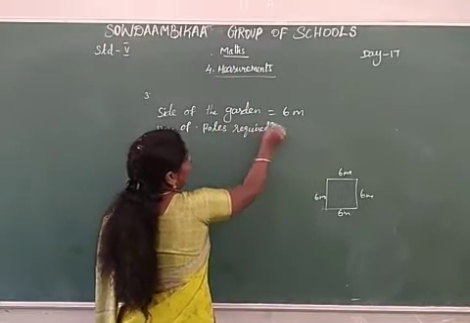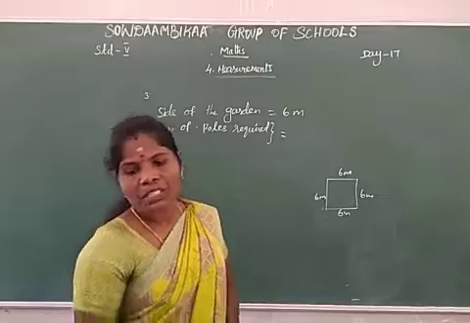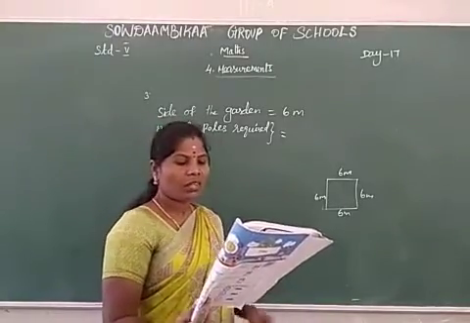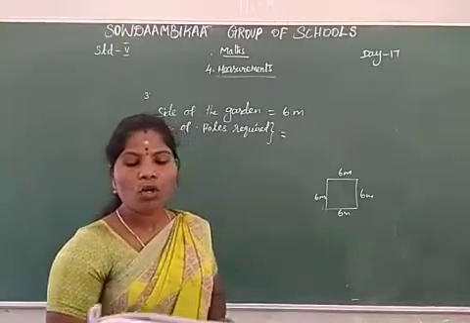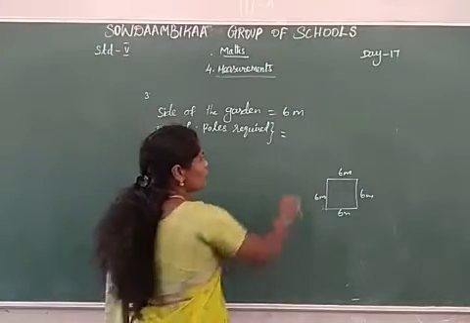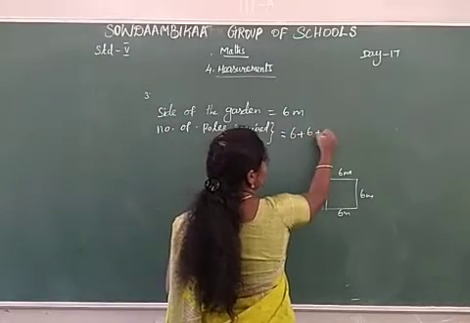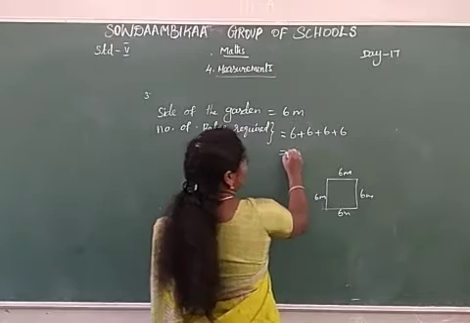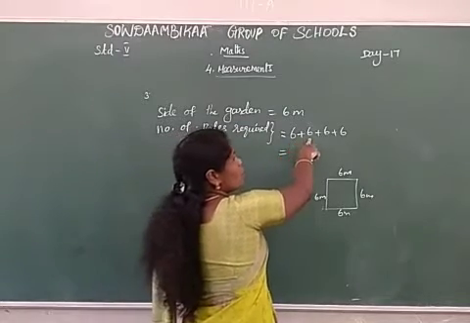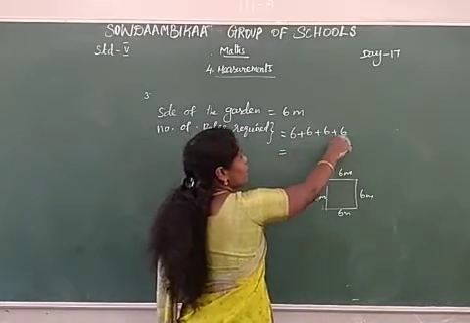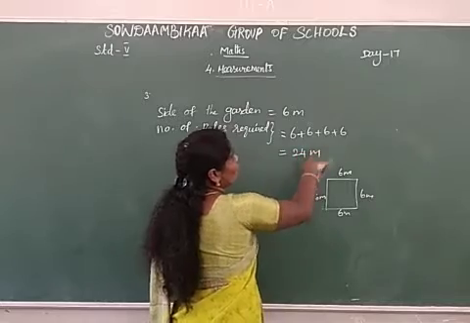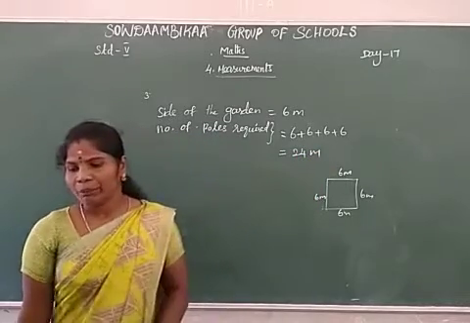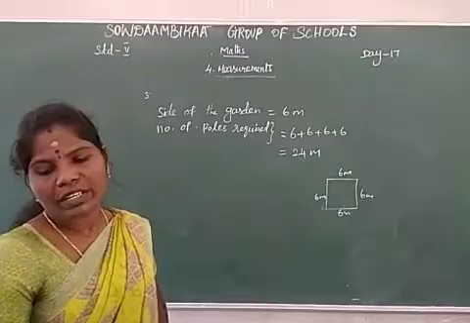Already the question is given. See the third line. She has put a pole every 1 meter. So 6 plus 6 plus 6. Okay, 6 plus 6 is 12, 12 plus 6 is 18, 18 plus 6 is 24 meter. Okay, 24 meter.